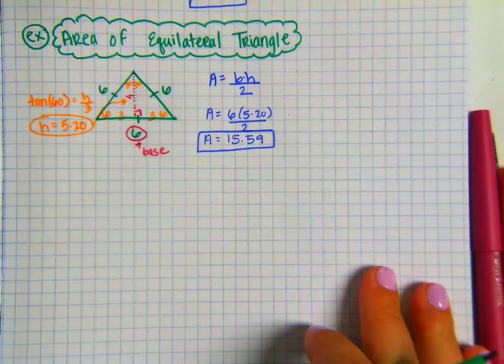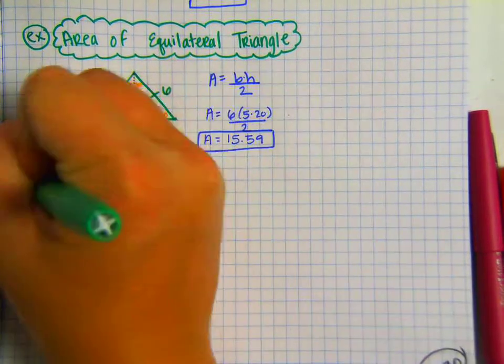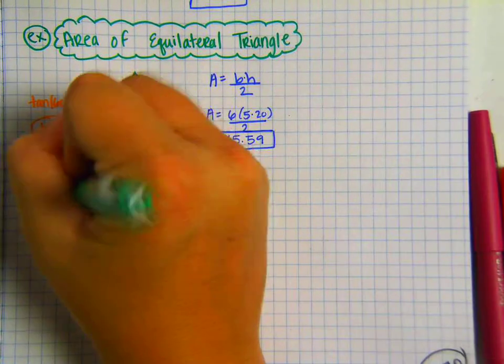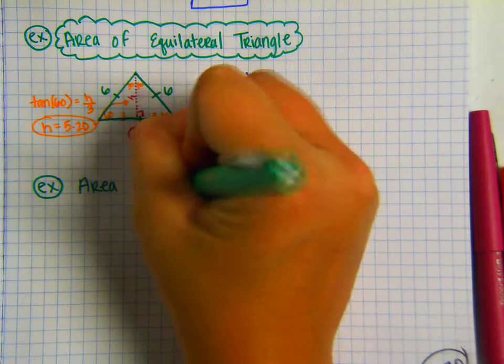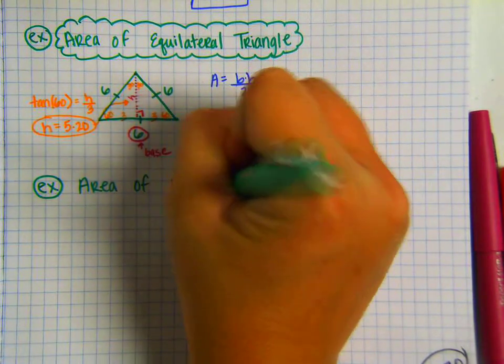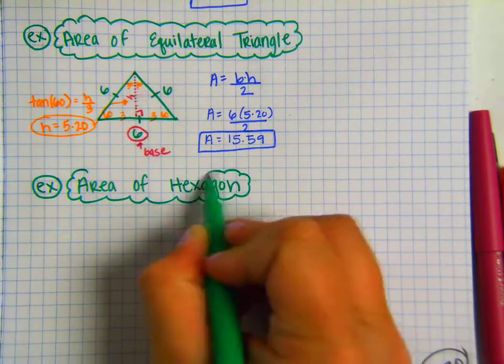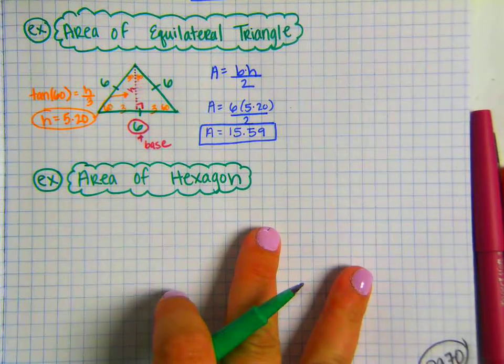All right, and then the last example we're going to do is the area of a hexagon. And I know we've done this a lot of times, so I'm actually going to have you try it before I go over it. So let's draw our hexagon.